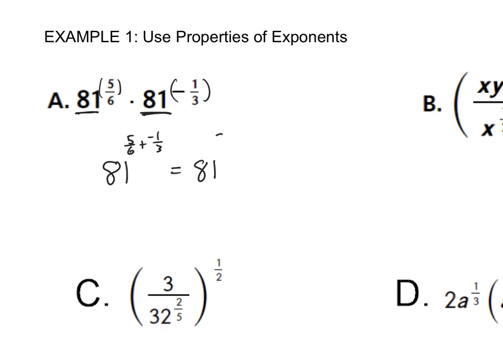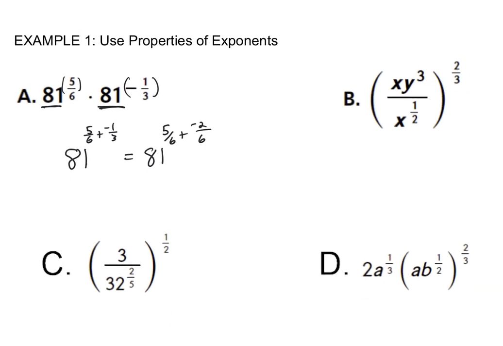So this will be 81 to the 5/6. If I get a common denominator, that's negative 2/6. When we add those together, 81 to the 3/6. We know 3/6 is 1/2. We know that 1/2 means square root. The square root of 81, the answer would be 9.